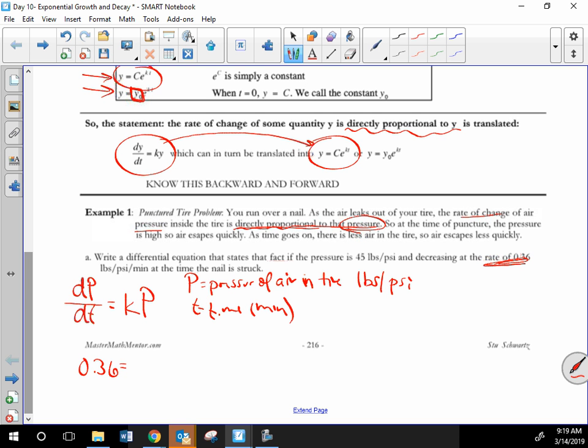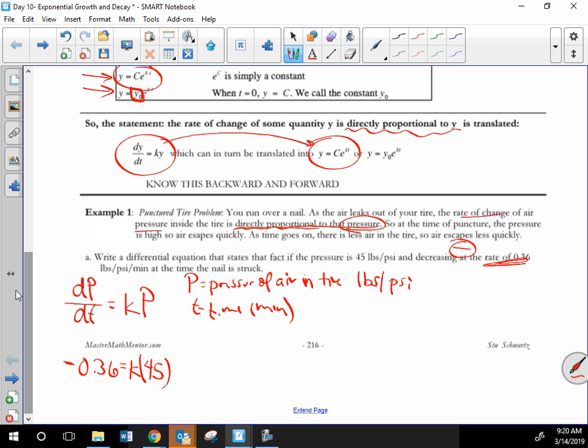Negative, because it's decreasing. The amount of air is getting smaller. So that's really important. Just like we had to do with related rates, we still have to consider that. And then we don't know our coefficient k. But what's our pressure? 45 pounds. And then all we do is solve for k.